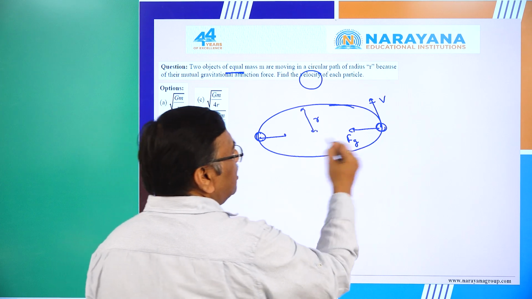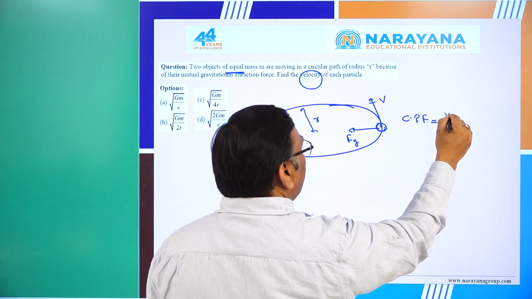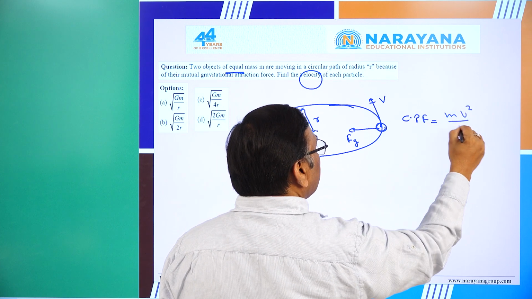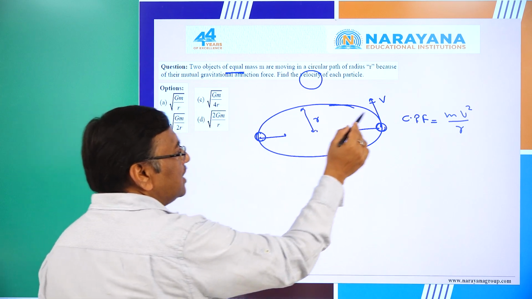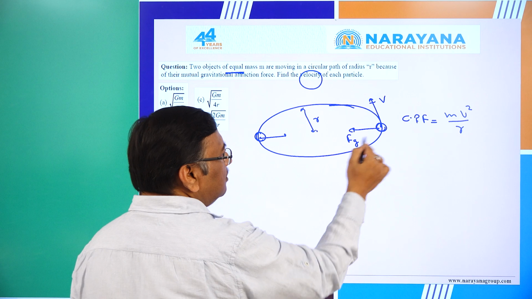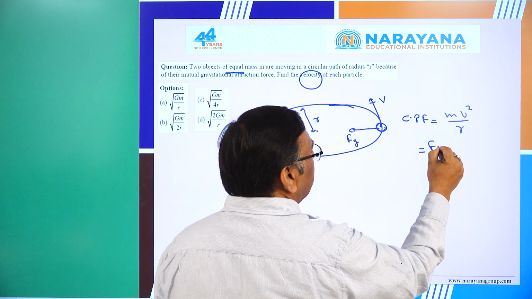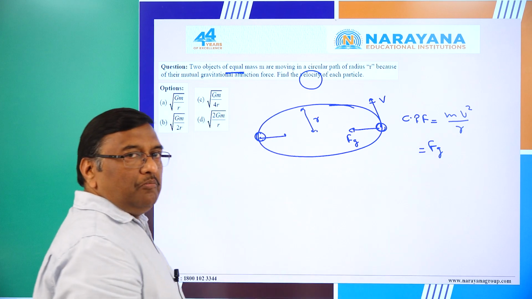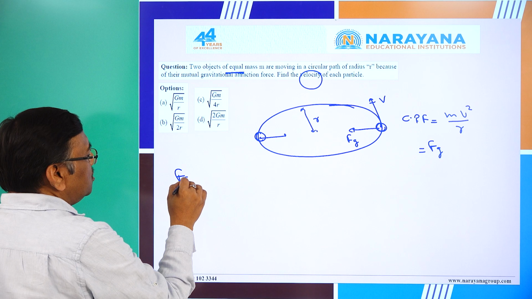You know the centripetal force. The centripetal force is going to be how much? m into v square upon r. Easy. And this centripetal force is provided from where? From the gravitational force. We can write this is equal to my gravitational force. By Newton's law of gravitation, we know very well that F gravitation is going to be how much?